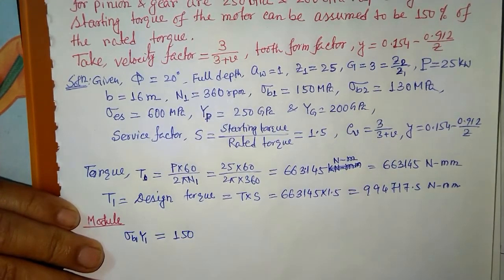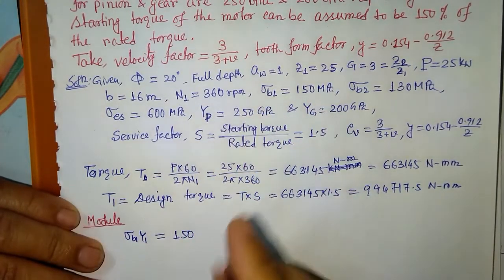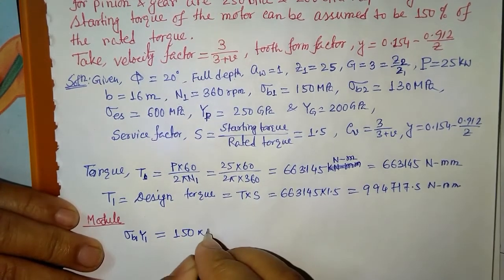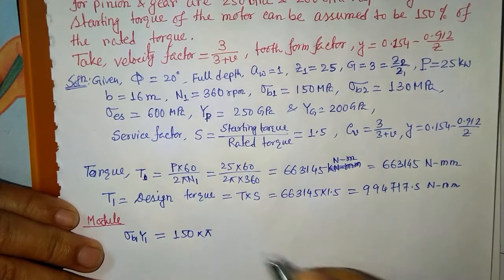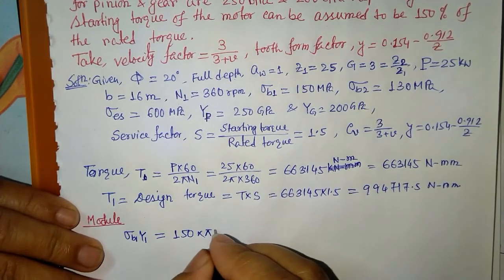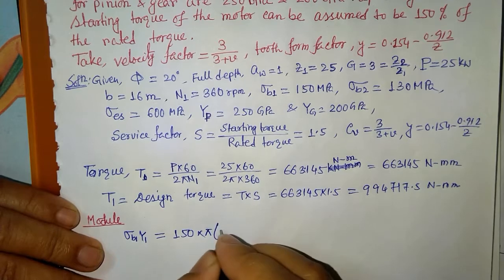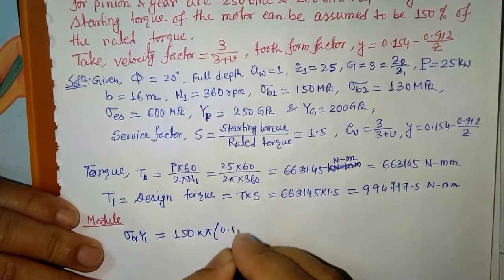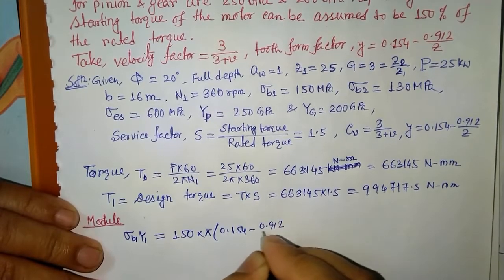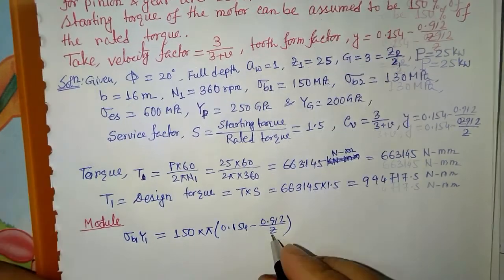Sigma b1 is 150, into pi, into 0.154 minus 0.912 by z.